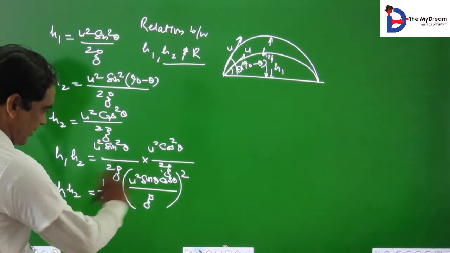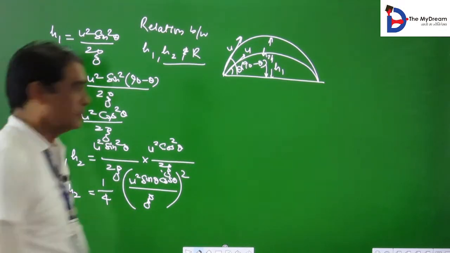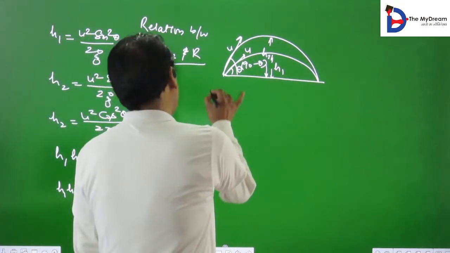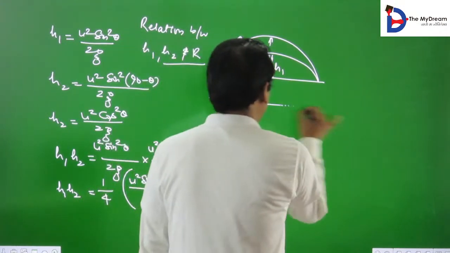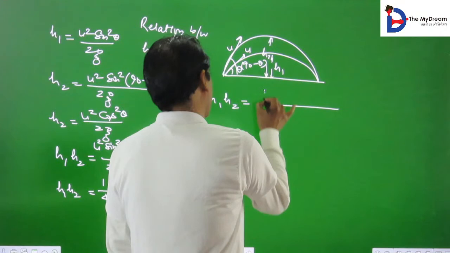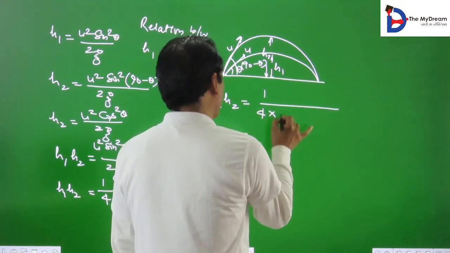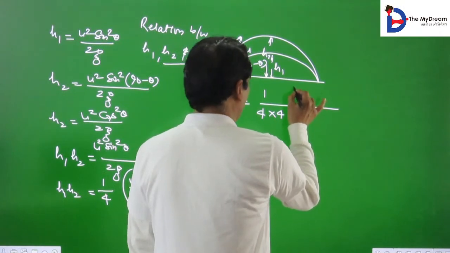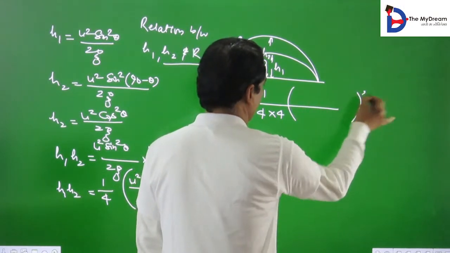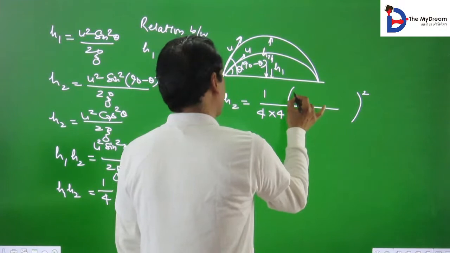There is something missing. क्या missing है बेटा? h1 into h2, if it is multiplied by 4 and divided by 4, divide कैसे करेंगे?